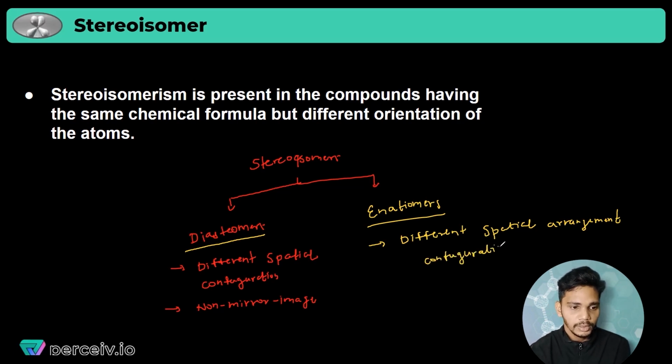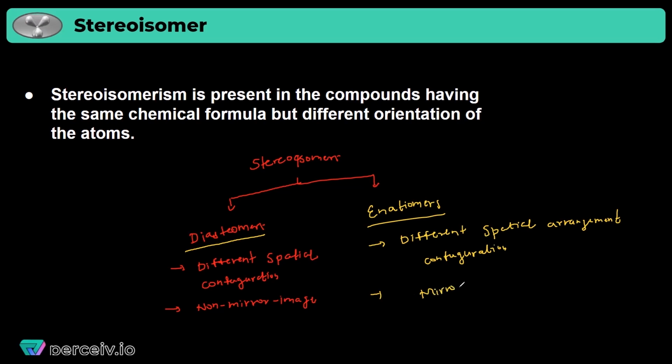That is a very important word here, spatial arrangement. But rather than being non-mirror images, they are mirror images of each other, and once they are mirror images, they are non-superimposable.